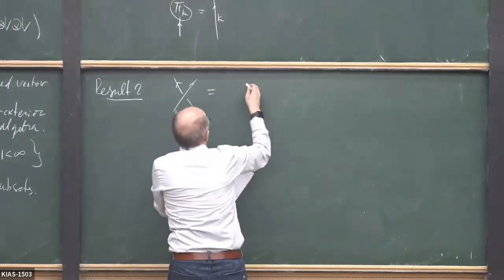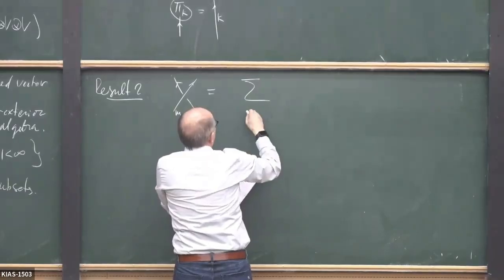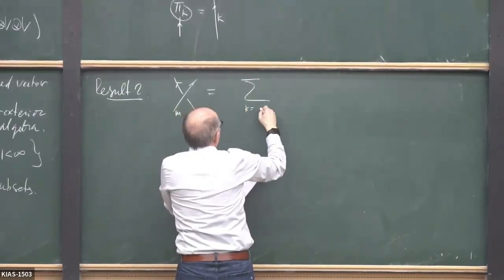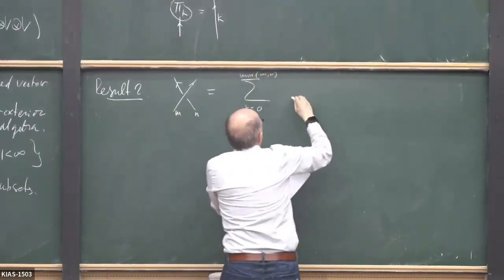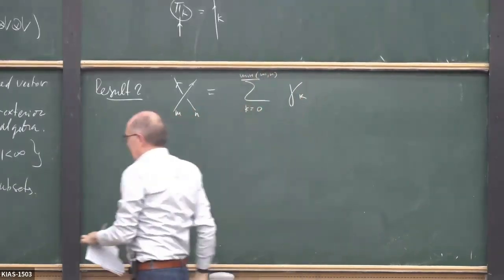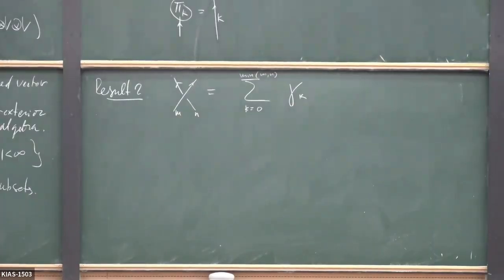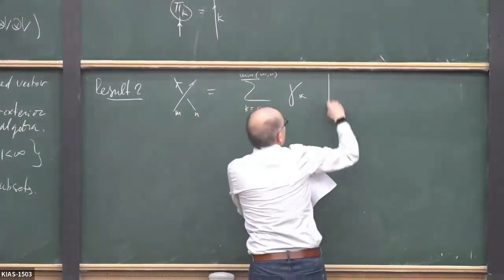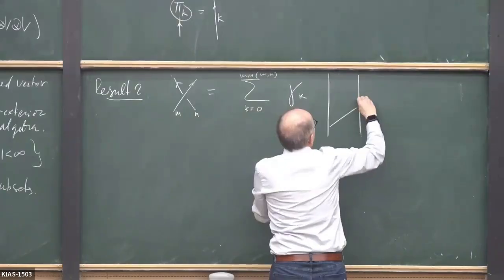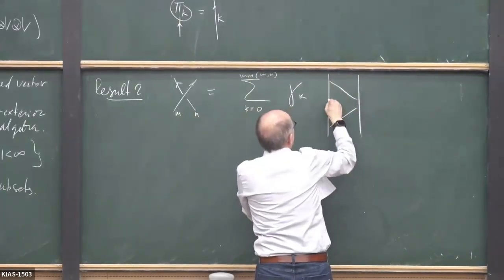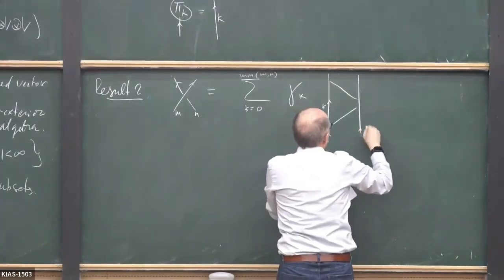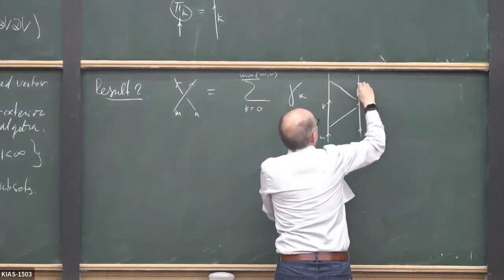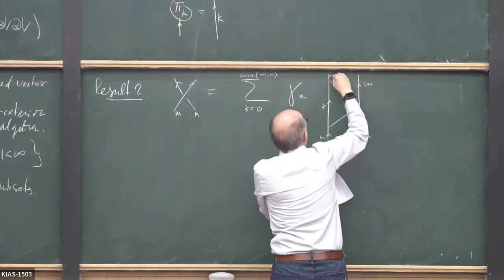And then in this case, you get a formula: the sum for k from 0 to the minimum of m and n, gamma k, this same gamma k as here, and then a MOY diagram with labels k, m, n, m, n.